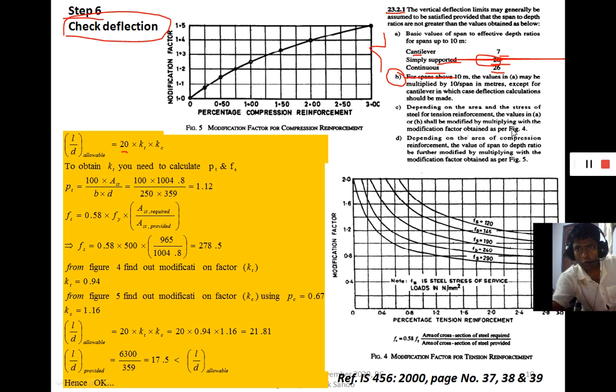We get the modification factor from figure 4, and this is multiplied with the above value. For compression reinforcement the modification factor is computed and multiplied with the above value.